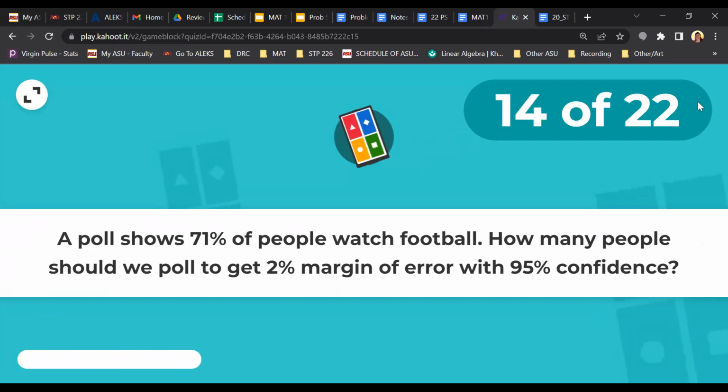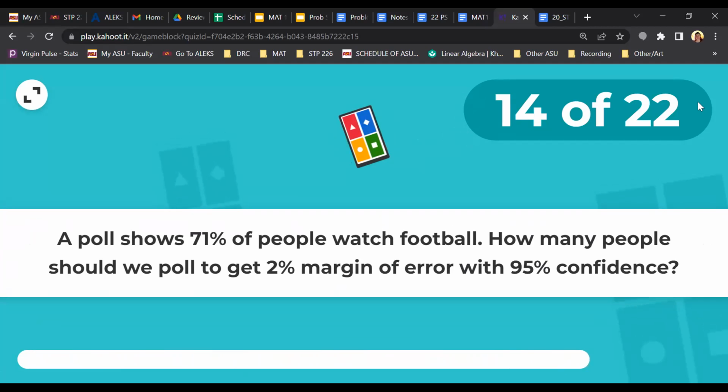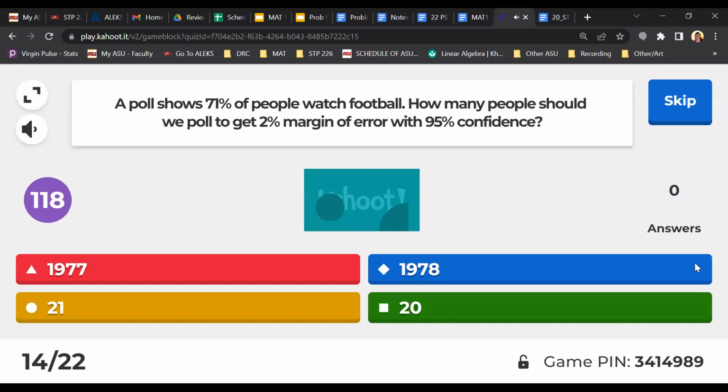A poll shows that 71% of people watch football. How many people should we poll to get a 2% margin of error with 95% confidence?